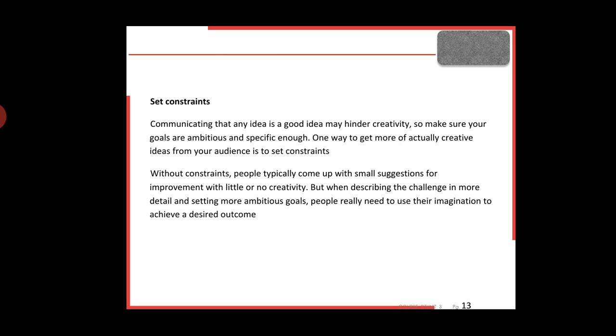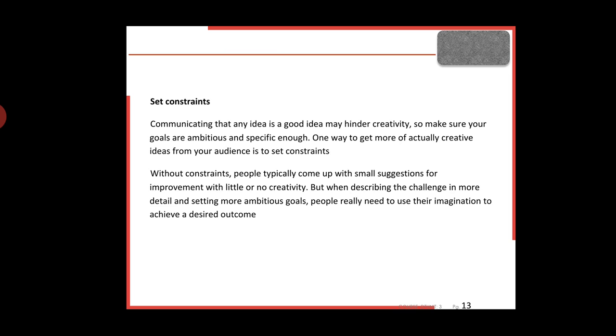There are mainly three things we are concerned with. First of all, we have to define the problem or opportunity. The second is to involve the right people in teamwork. And the third is to set constraints, in the sense of conditions we put on the product.